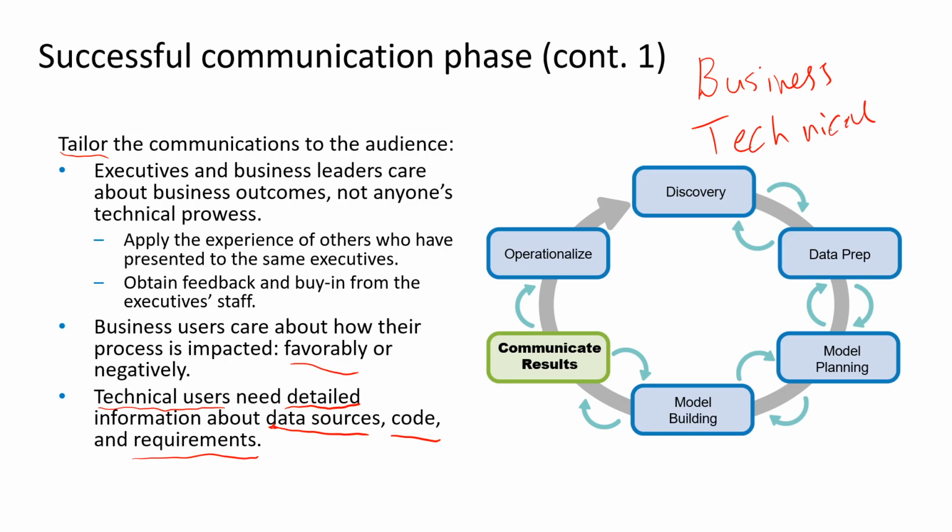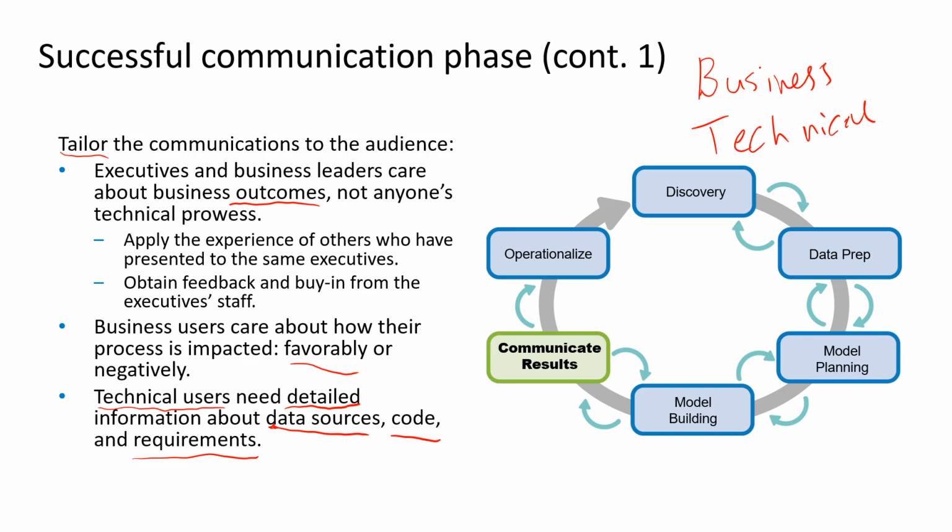For the business users, you want to talk about the outcomes and the value, not the technical details, not how well you used something or how much you know about deep learning. They don't care. What they care about is how their business is going to be affected, whether it has a positive business value or a negative one.